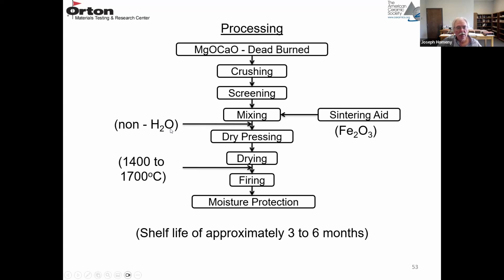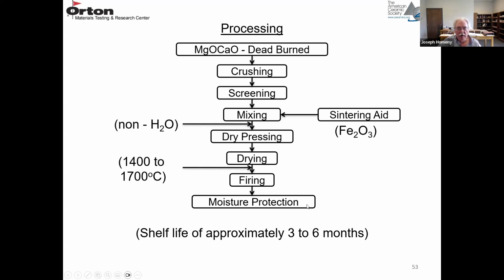You can't use water with these materials because they hydrate, so you have to use a non-aqueous binder. So it's dry press. There's a drying step and a firing step. Firing is usually between 1400 and 1700 degrees C. And as soon as these are fired and cooled down out of usually a tunnel kiln, you have to do a moisture protection.